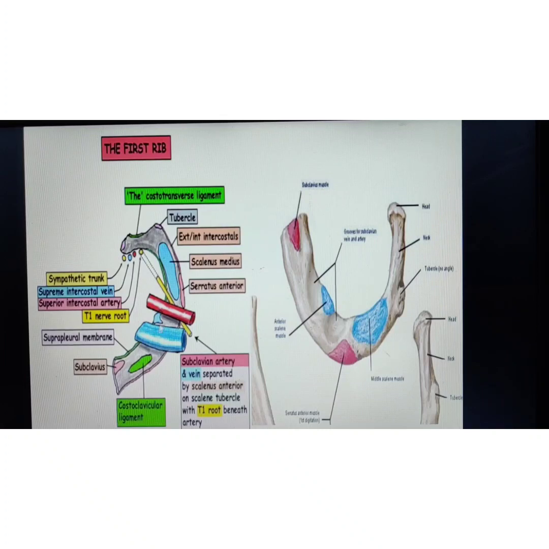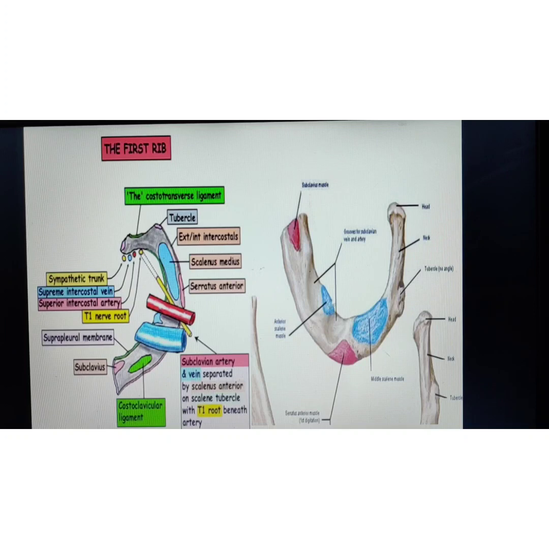These two grooves, the anterior groove and the posterior groove, are separated by a tubercle which is present on the inner border near these grooves. This tubercle is known as the scalene tubercle.